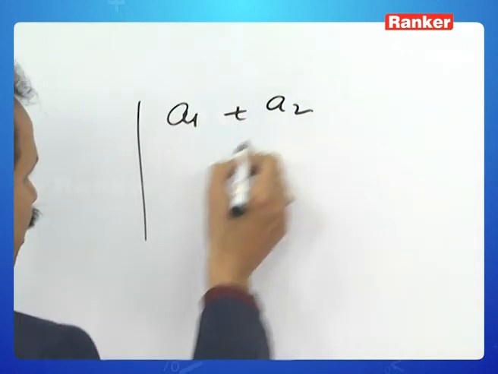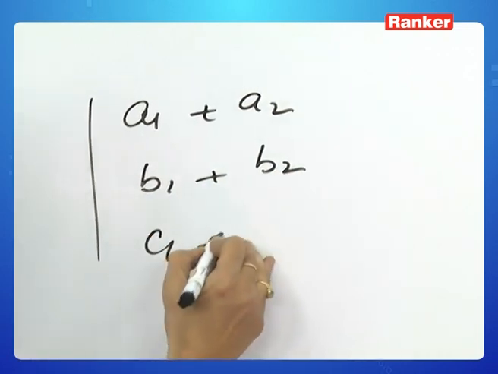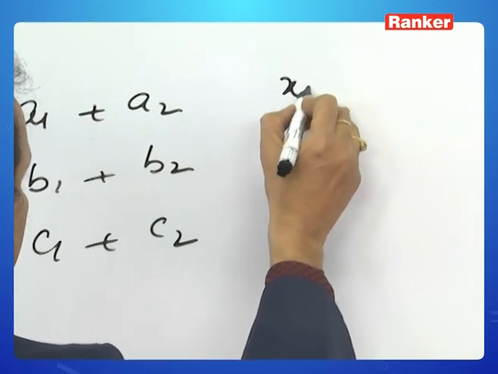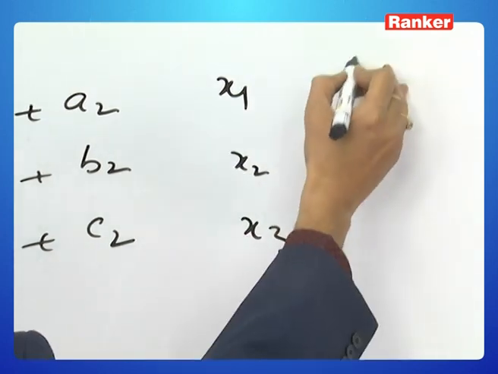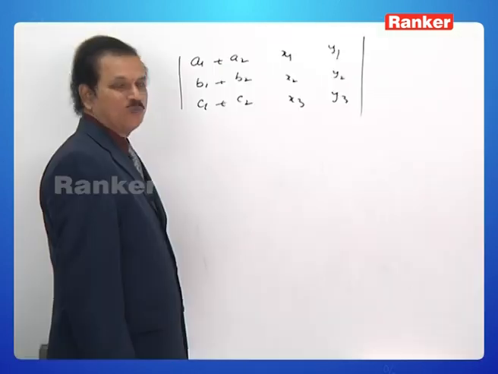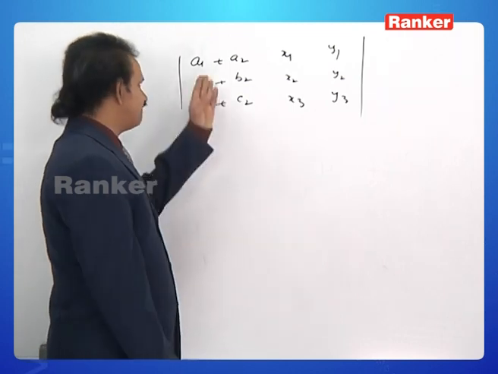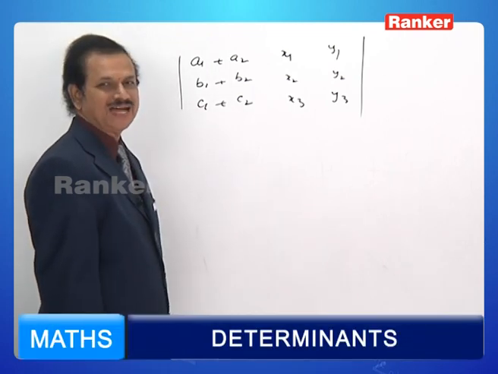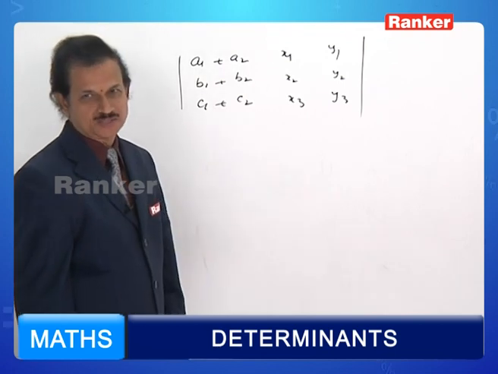A1 plus A2, B1 plus B2, C1 plus C2, X1, X2, X3, Y1, Y2, Y3. What is the speciality in this determinant? The elements of first column appear as the sum of two different elements.